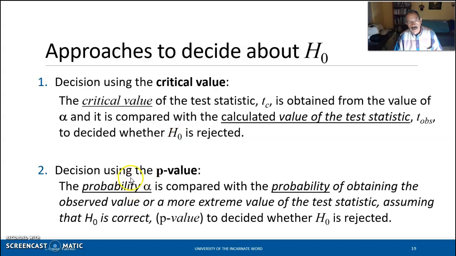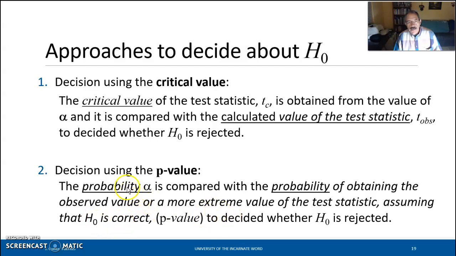Now, if we decide to go with the p-value approach, then the probability alpha, or the probability of the type 1 error, is compared with the probability of obtaining an observed value or a more extreme value of the test statistic, assuming that the null hypothesis is correct. This is the definition of the p-value: the probability of obtaining the observed value or a more extreme value of the test statistic, assuming that the null hypothesis is correct.